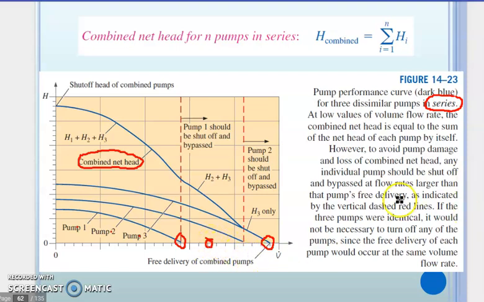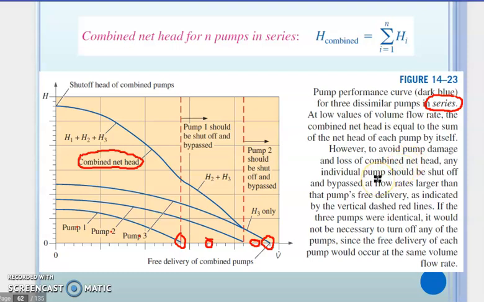Similarly, if your operation is here, you need to shut off pump number 2. If not, it is going to produce damage and a loss of combined net head. That is how we operate when you have three dissimilar pumps.